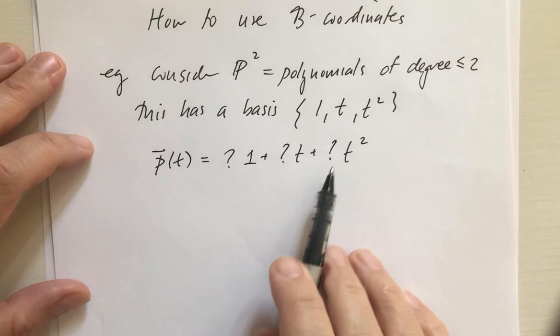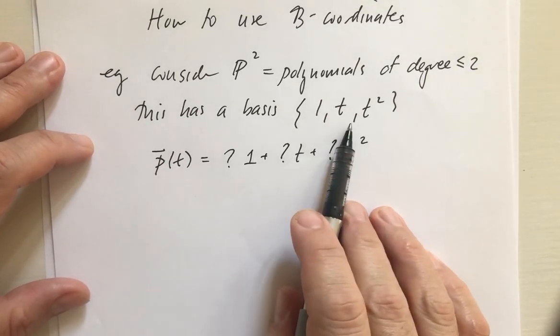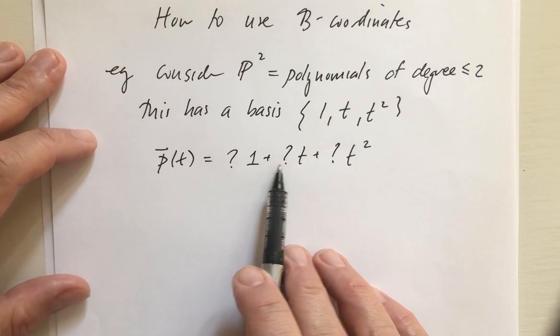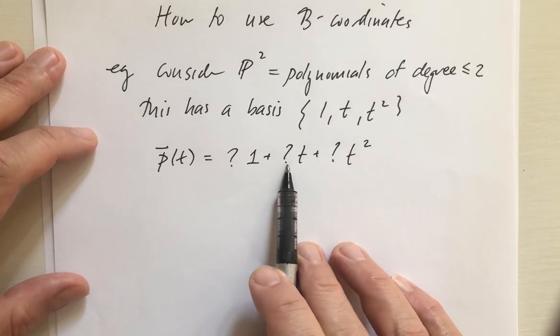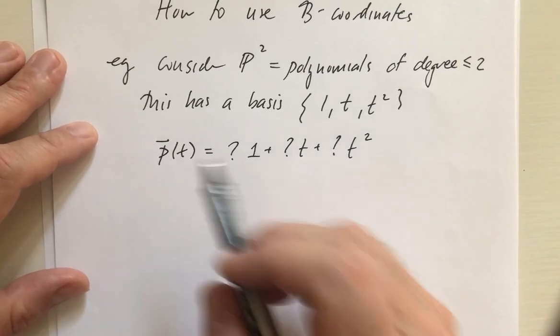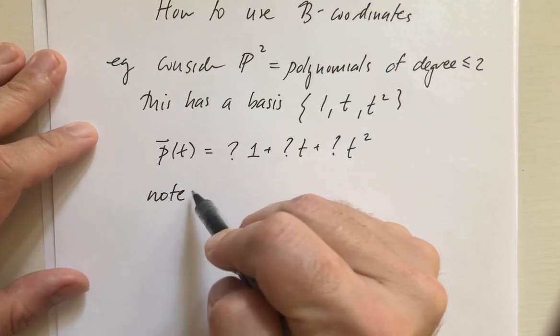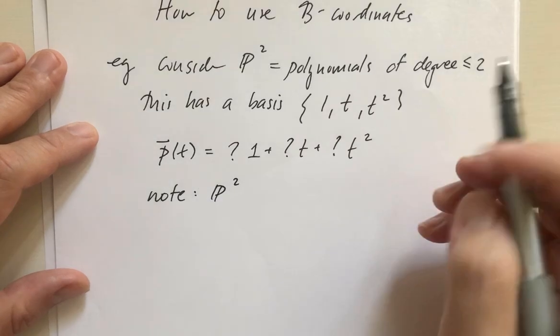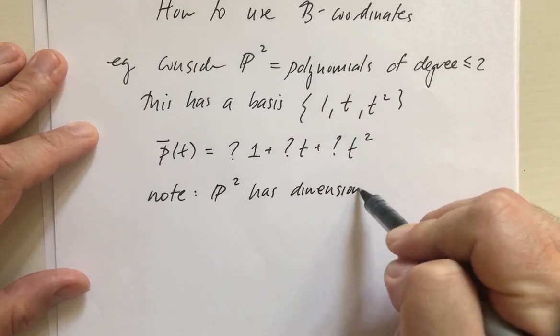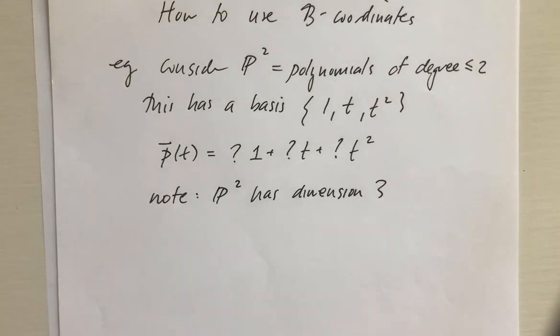It's almost a tautology that this is a basis, right? Because the way you think about a polynomial is it's something times 1, some constant term, plus something times t, the linear term, and then the quadratic. So this is a basis. So note, what's the dimension of P2? P2 has dimension 3, because there are 3 elements in a basis.